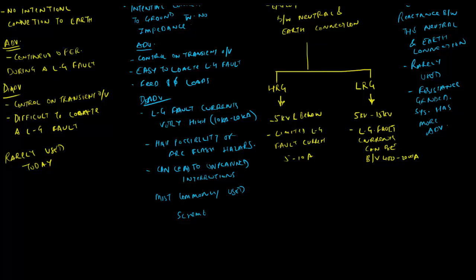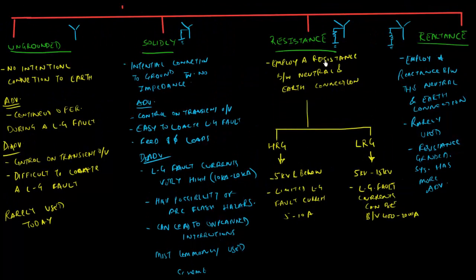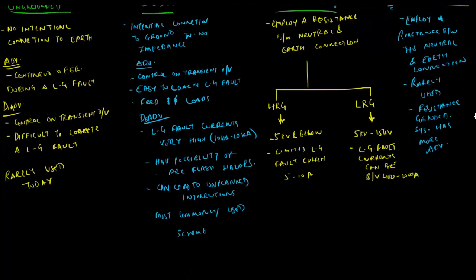In a high resistance ground system, as you can imagine, as the name says, there's a high resistance here that's used, and therefore the amount of fault current that's flowing into the system is limited. Whereas in a low resistance grounded system, this is a low resistance, therefore the fault current that's flowing into the system is higher.